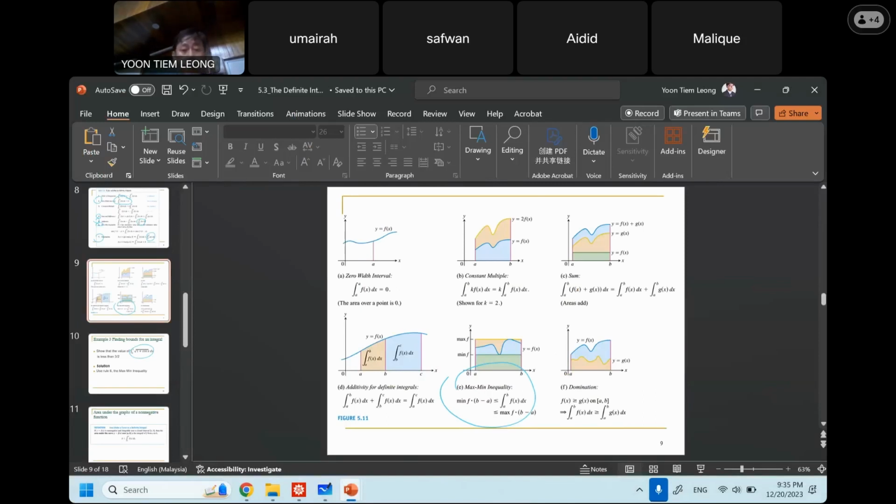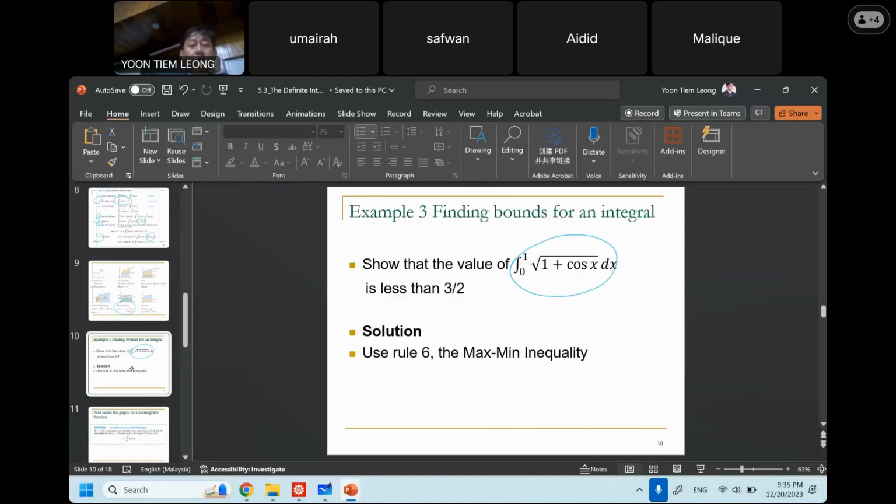So with these conditions, what we can show is this: look at this function, square root of 1 plus cos x. Then you try to find out what the minimum of the function is. Can you tell me what is the minimum of this function? Cos x is a sinusoidal function. The maximum value of cos x is 1 and the smallest is -1.